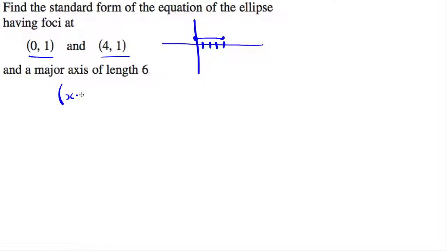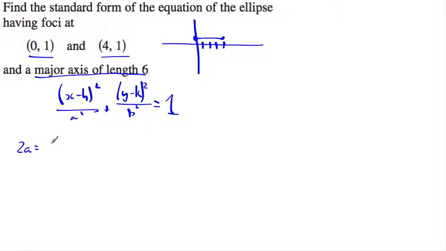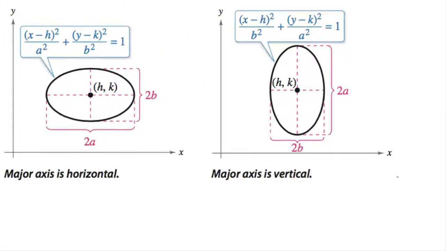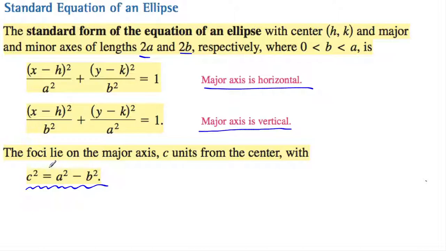So we know we're going to have (x minus h) squared over a squared plus (y minus k) squared over b squared equals 1. Now the major axis has a length of 6, so that means that 2a is equal to 6, so a is equal to 3. Fantastic. And we know the foci lie c units from the center.